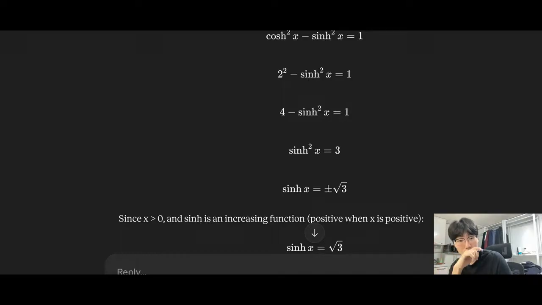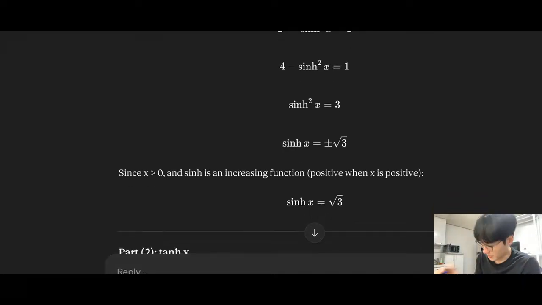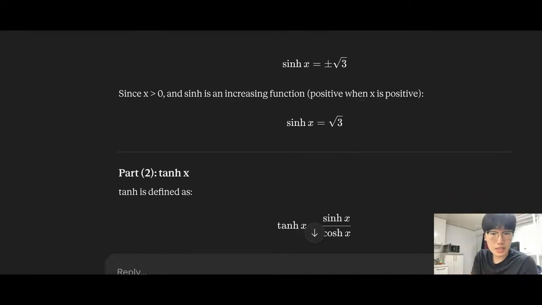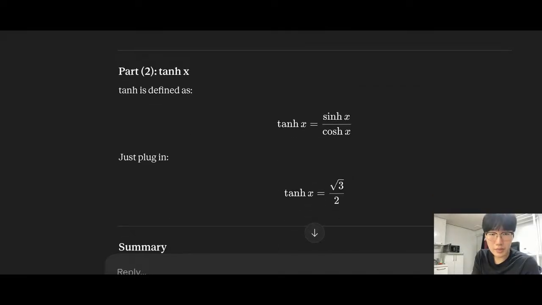All right, since x is larger than 0, and sine hyperbola is an increasing function, positive when x is positive, sine hyperbola x equals square root of 3. Part 2, tangent hyperbola x.